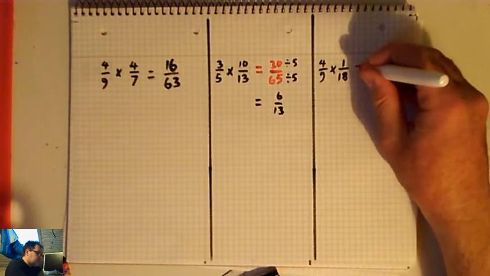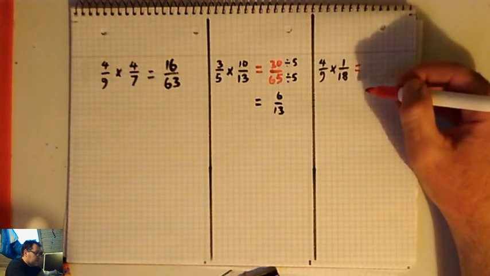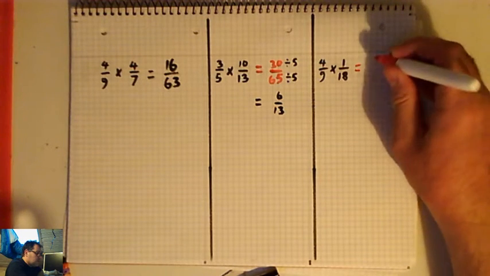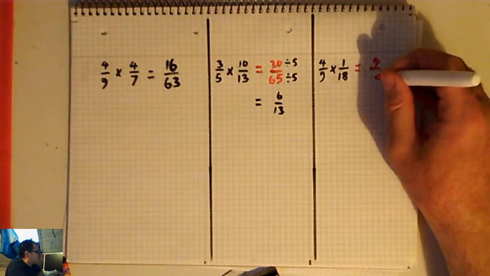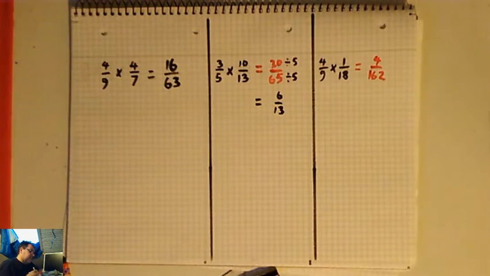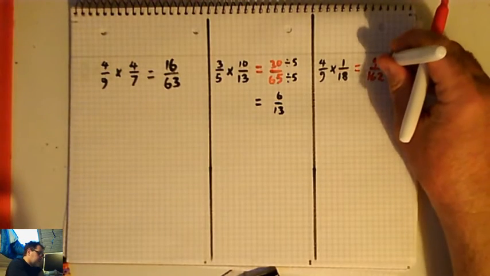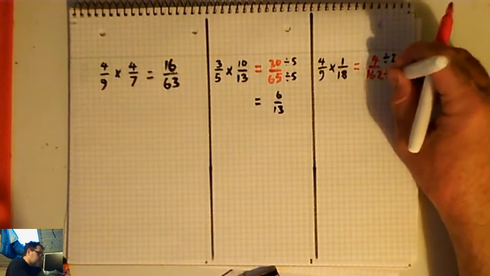Okay, next one. Top times top, bottom times bottom. 4/9 times 1/18. 4 times 1 on the top is 4. 9 times 18 on the bottom is 162. Now I can divide top and bottom of that by 2 to reduce it.